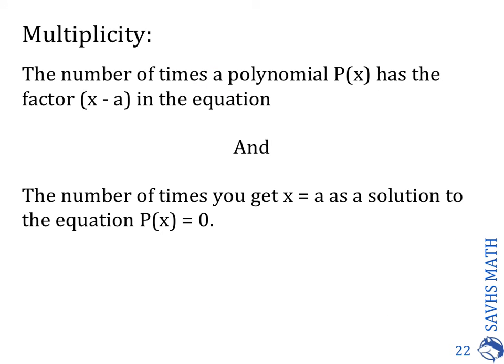Well, not really formally, but one of the ways we can explain multiplicity is that the multiplicity of a factor is the number of times that x minus whatever shows up. You can also say it as the number of times that you get a solution x equals a when you're solving.